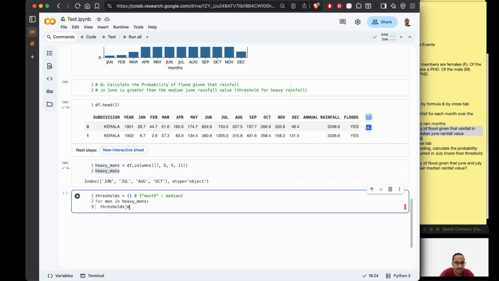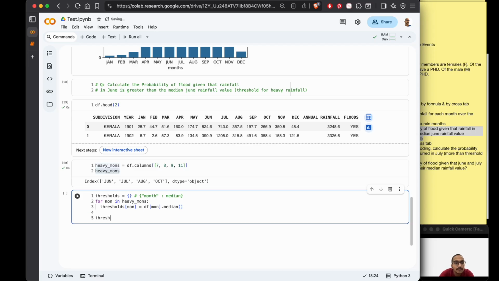So we will pass the month value, and to this map I will append the median, and the median I will get by df month dot median, right? Let's look at our map.